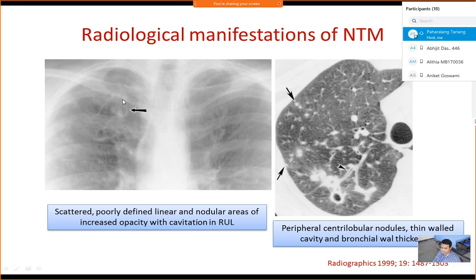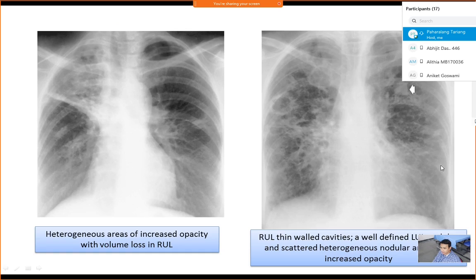And this is a nodular presentation of an NTM with a small cavity here, extensive centrilobular nodules all over the periphery, and also slight cylindrical bronchiectasis here in the airway. There is extensive bronchial wall thickening. Here you can see that the bronchial wall is extensively thickened.